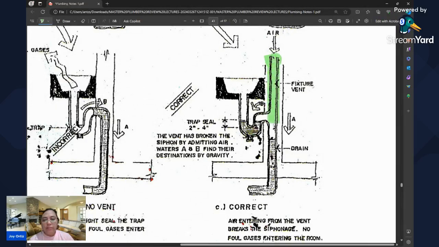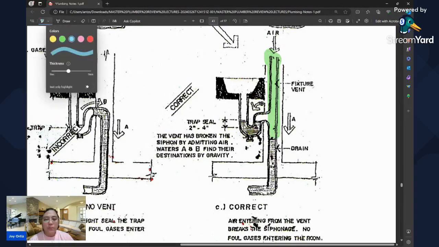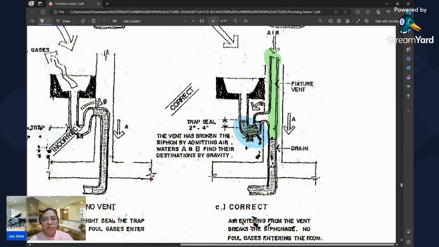Ito yung vent pipe natin. And we have also the trap. This is the trap. Then, yung tubig bumaba, no? Tapos yung hangin, para ma-remove natin yung ano.